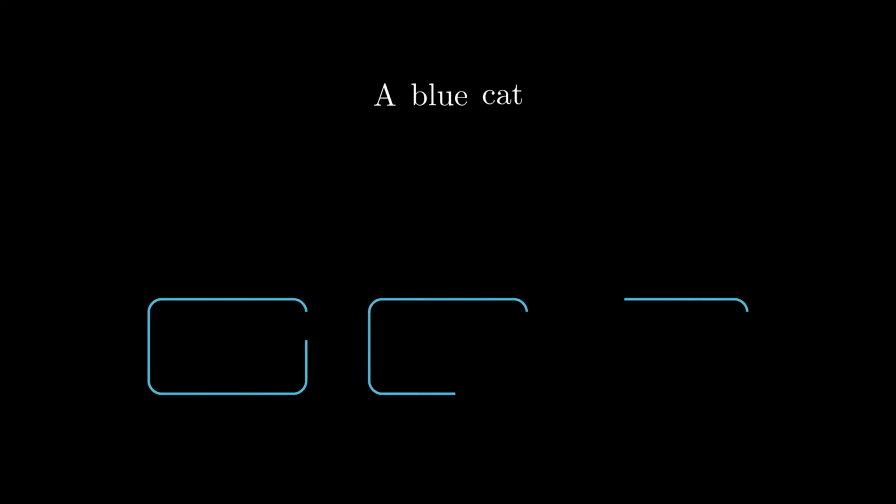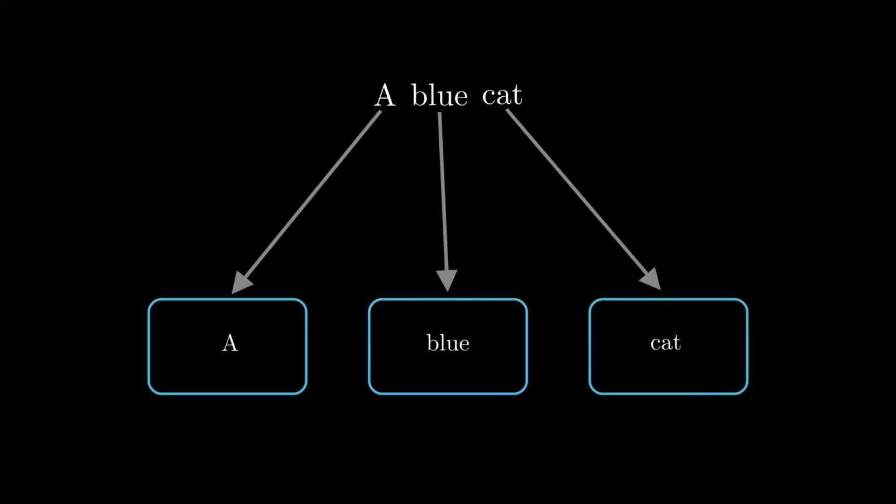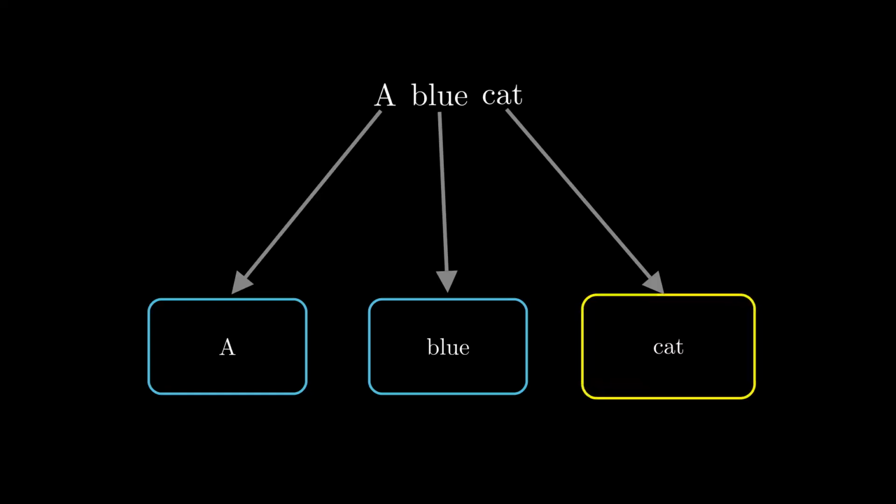The very first step the model takes is to chop this input stream into bite-sized, manageable pieces. This process is called tokenization. The model maps each word, or sometimes parts of words, into its own discrete unit, or token. Suddenly, a continuous stream of language becomes a structured sequence of individual inputs. It sees the article A, the descriptor blue, and the object cat, all as distinct entities.